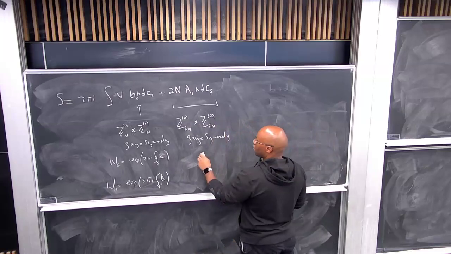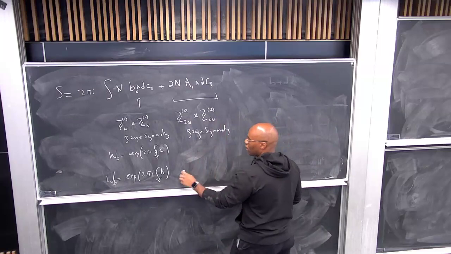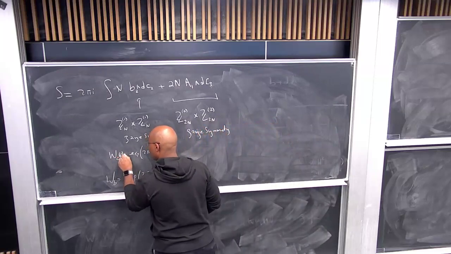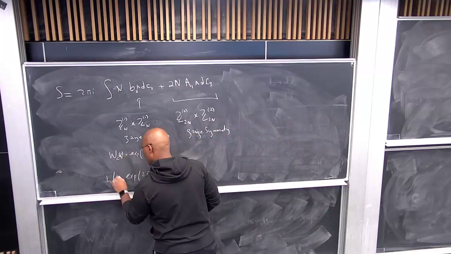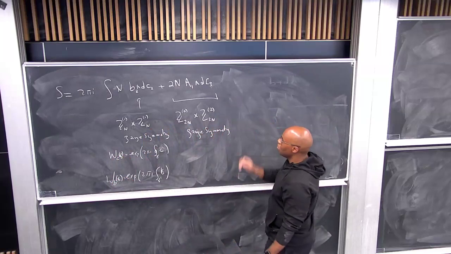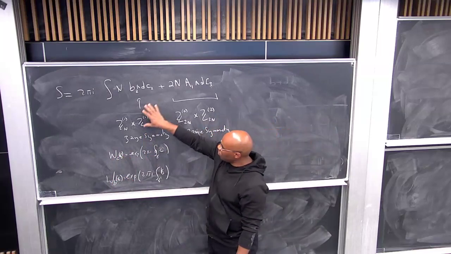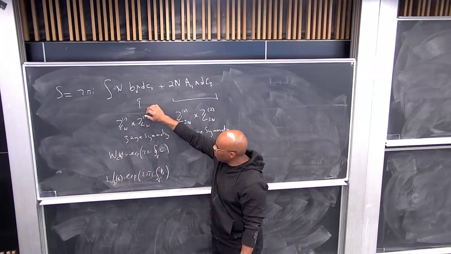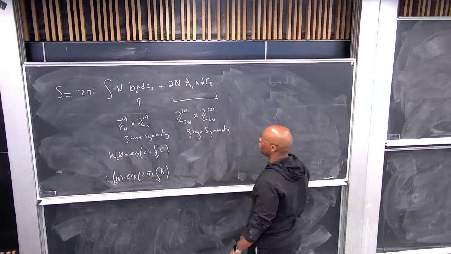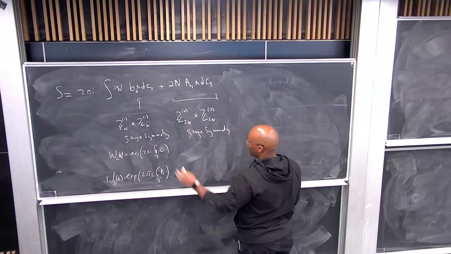Similarly here, this is on some gamma, a 2-dimensional closed space. The analysis that we just talked about for BF theory didn't matter what this dimension is. It's always going to be the same.